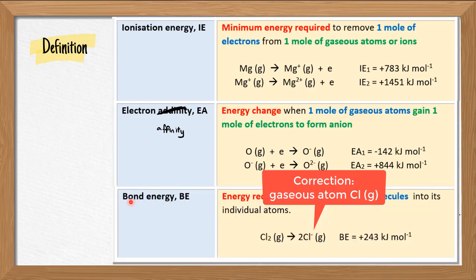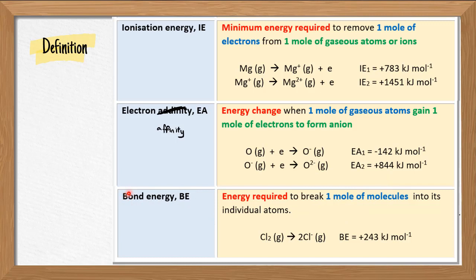Alright, the last definition you have here is an addition for you. It refers to bond energy, BE. It is the energy required to break 1 mole of molecule into its individual atoms. This bond energy is quite similar to atomization, but for atomization, we focus on the product when gaseous atom is formed.